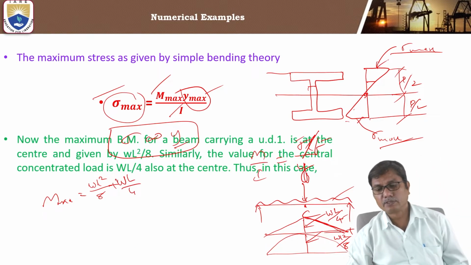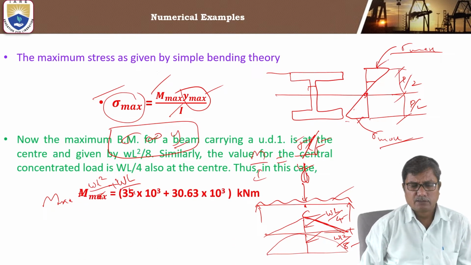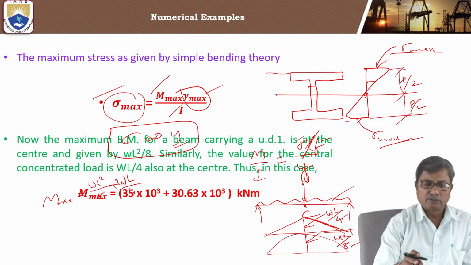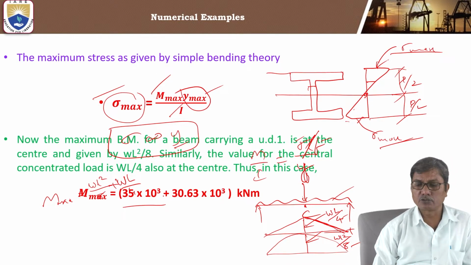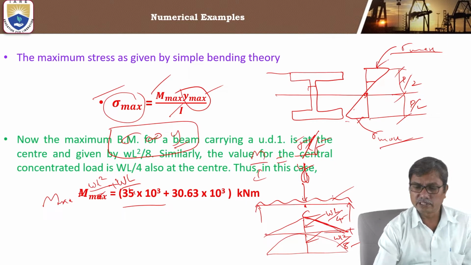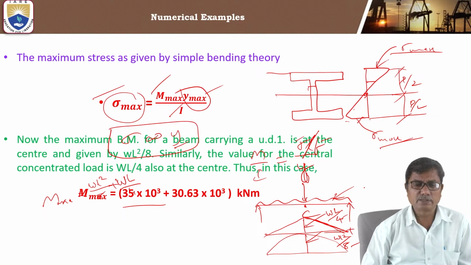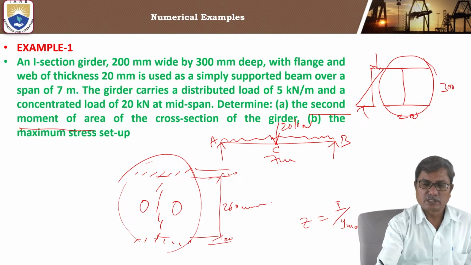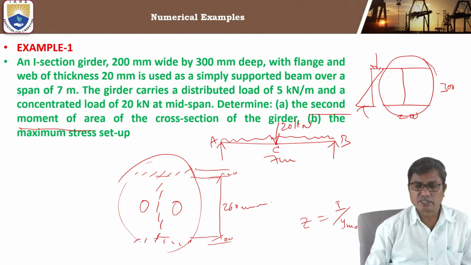Okay. So here the maximum bending moment is given as WL square by 8 plus WL by 4. What is W in this case? What is the given loading here? The given loading is a UDL of 5 kilonewton per meter, and the concentrated load is 20 kilonewtons.